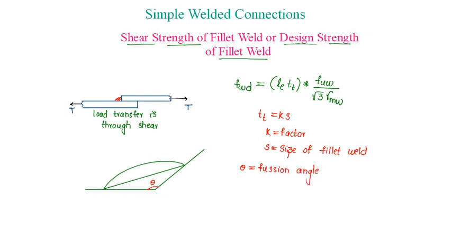From the figure, throat thickness is given as, say this is size of the weld S and this is also size of the weld S. Then throat thickness is S into, this angle will be theta by 2, so S into cos theta by 2. This is equal to K S. So K is equal to cos of theta by 2. So K depends on fusion angle between the faces.